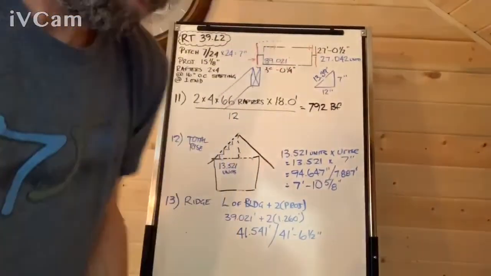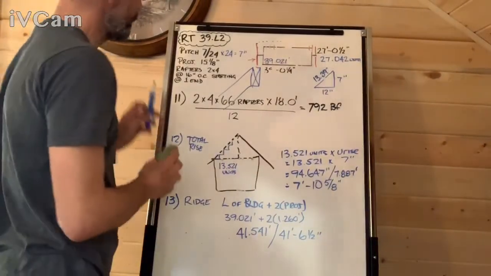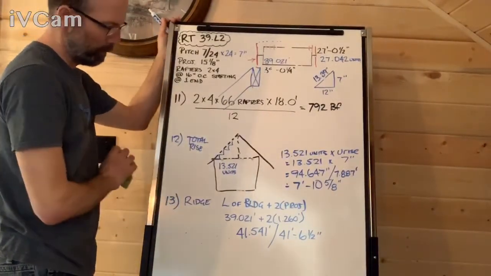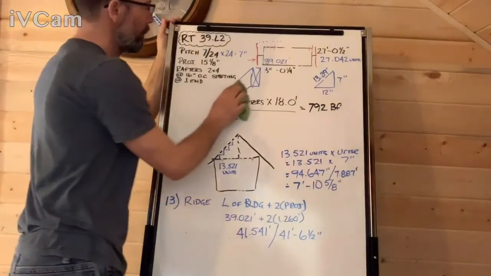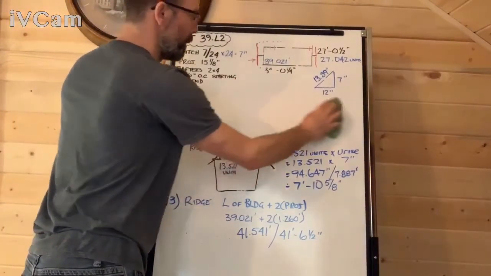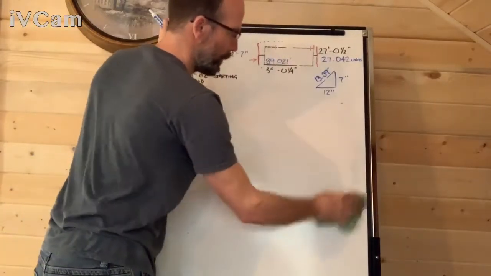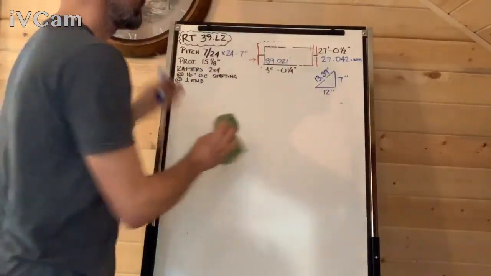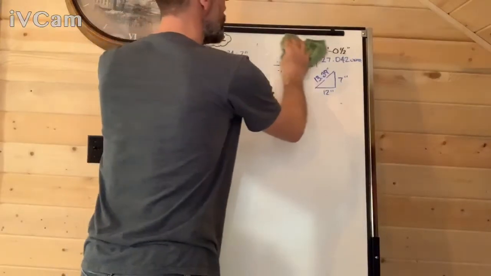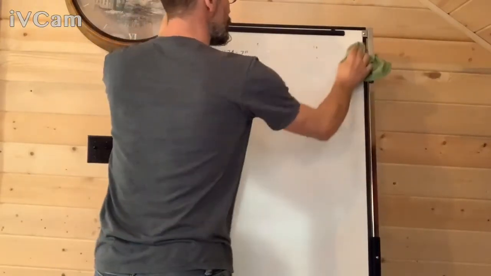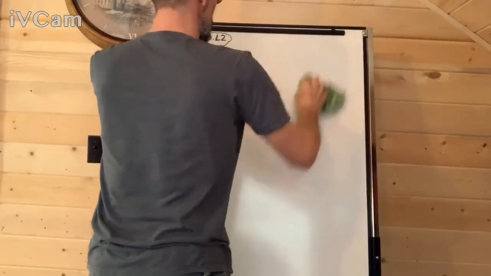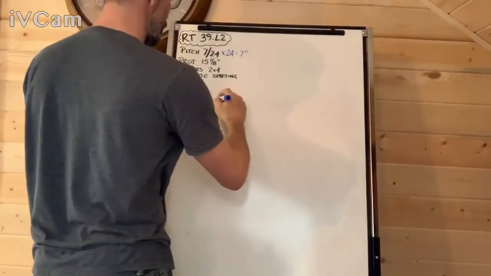Next question we have, number 14, is the area of the roof. I am going to erase all this. I'm going to draw a big picture of our roof. Here's our roof.